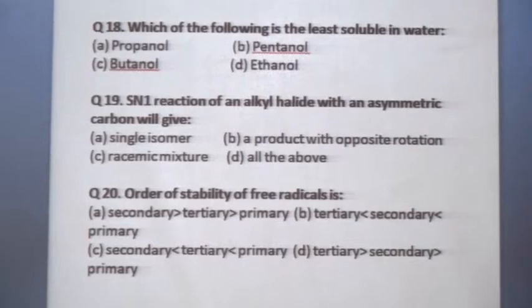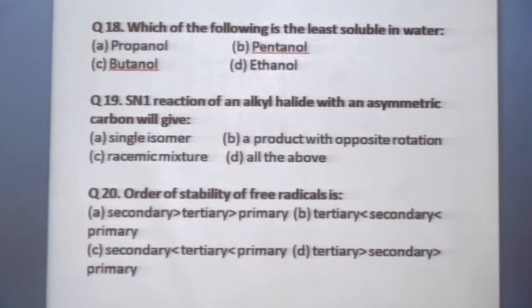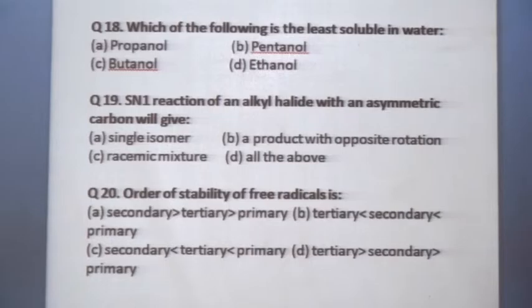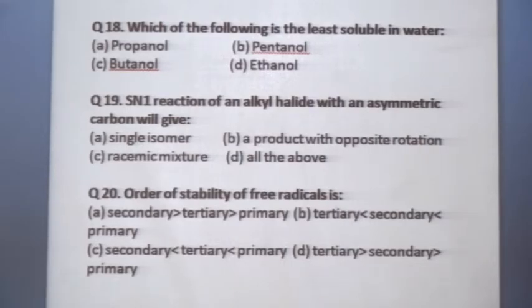So, inversion gives you the compound with opposite configuration. Retention gives you the compound with the same configuration. That is, if I have started with a dextrorotatory compound. Now see here, why I have written an asymmetric carbon. Only an asymmetric carbon will lead to a racemic mixture. Are you getting this point?